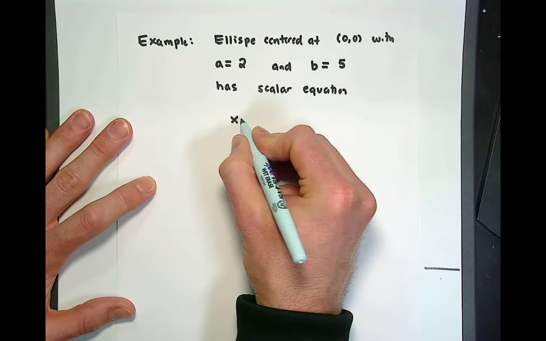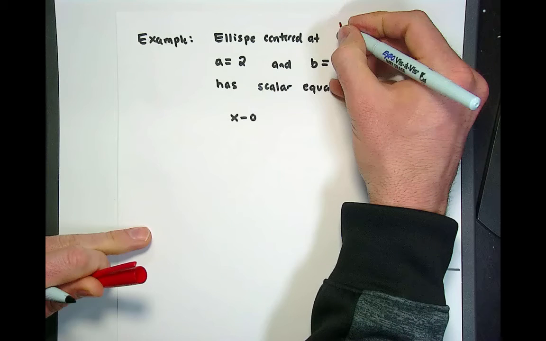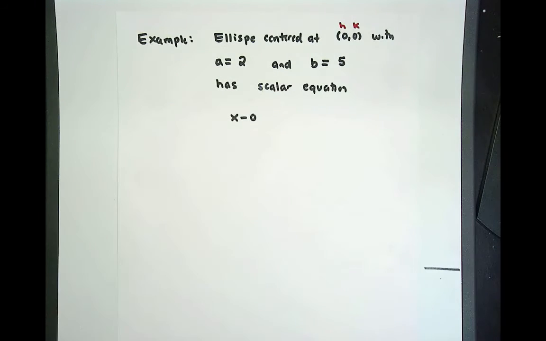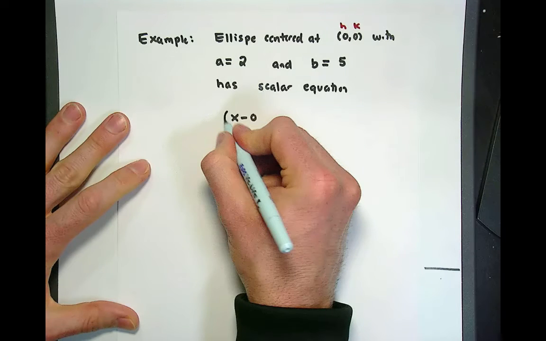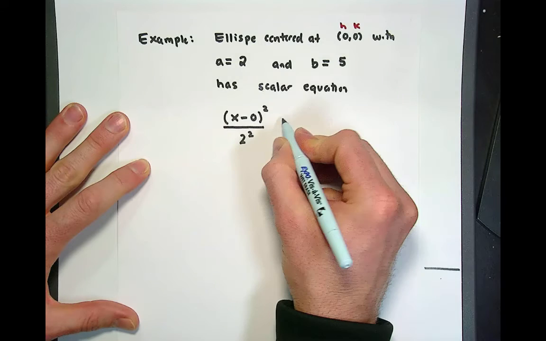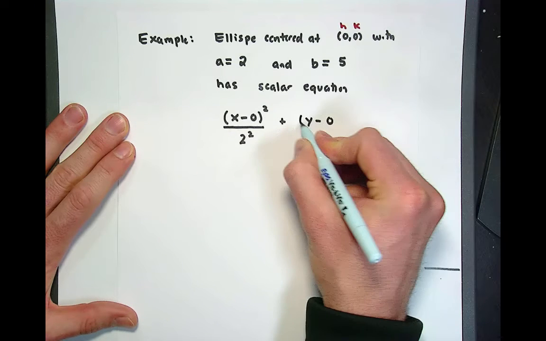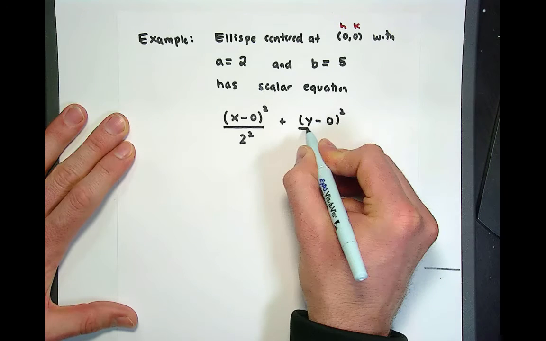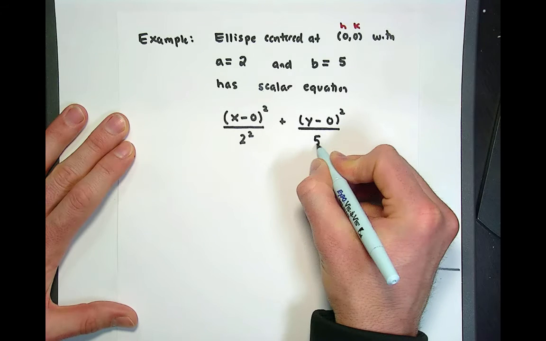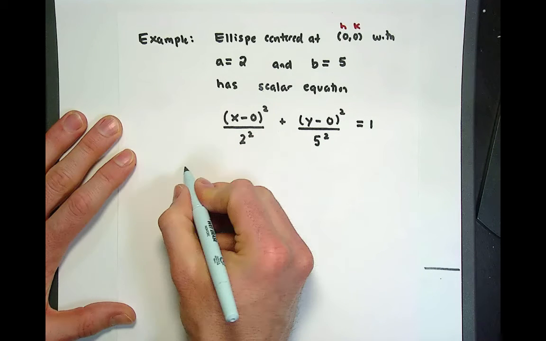Here we go. We would have x minus 0, since h would be 0 and k would be 0. And we'll go ahead and make the algebraic simplifications in just a second. So this is x minus 0 squared divided by 2 squared plus y minus 0 squared divided by 5 squared equal to 1.